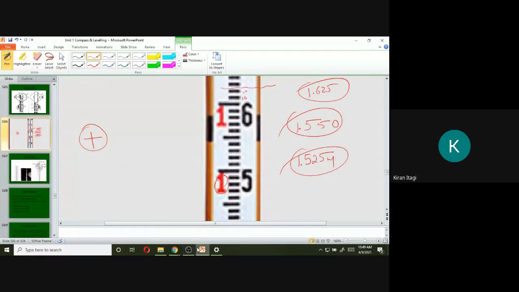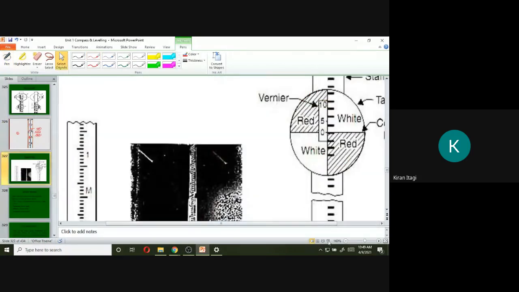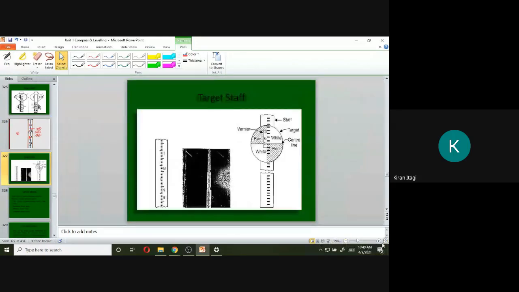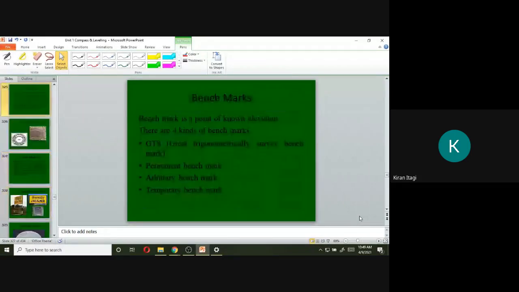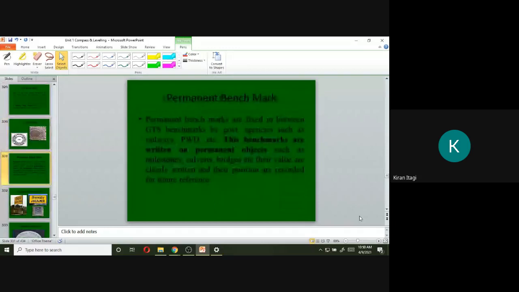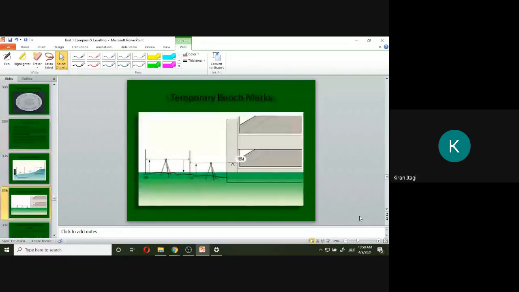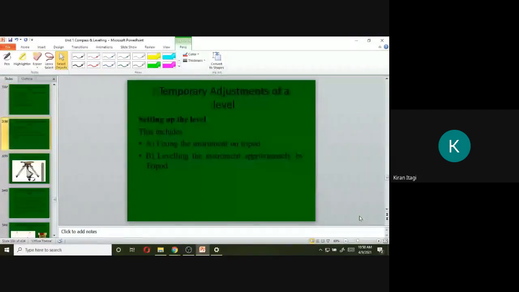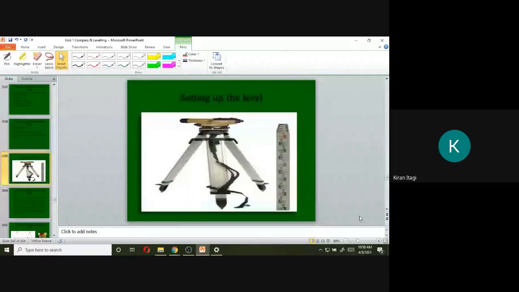In the next class, I will explain about the staff, how to target the staff and take the readings. Then we have different benchmarks, which I have mentioned. Then adjustment, then how to set up your auto level or dumpy level.